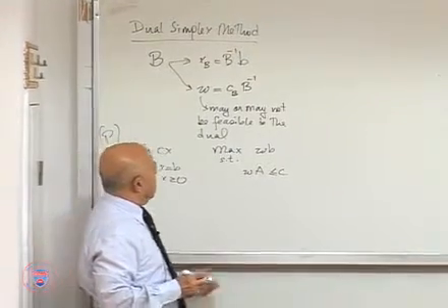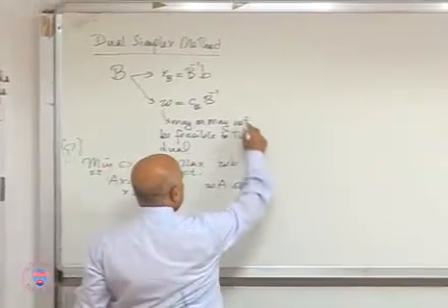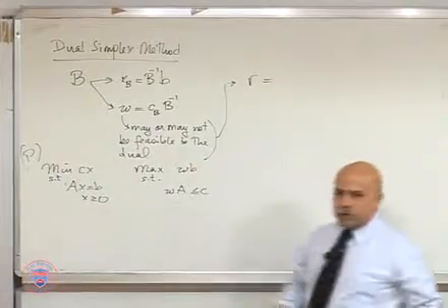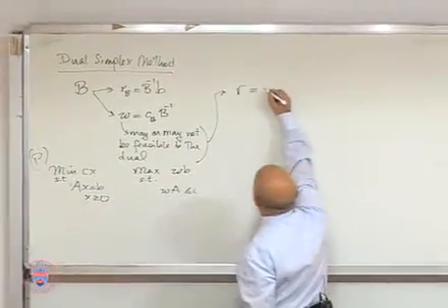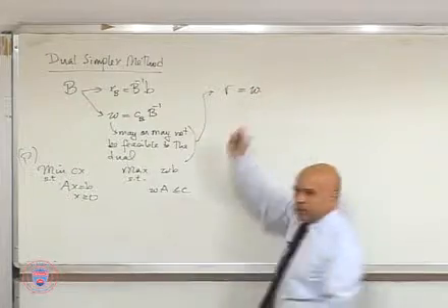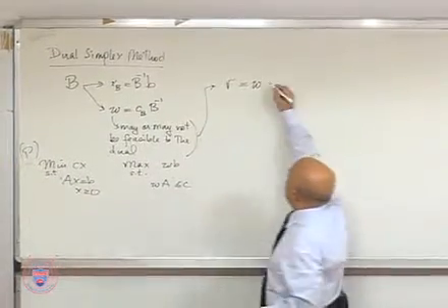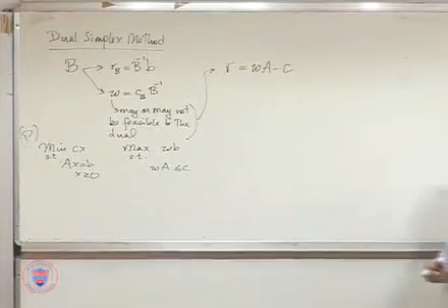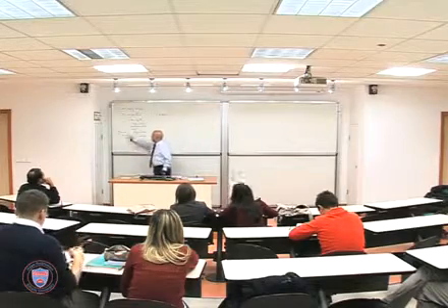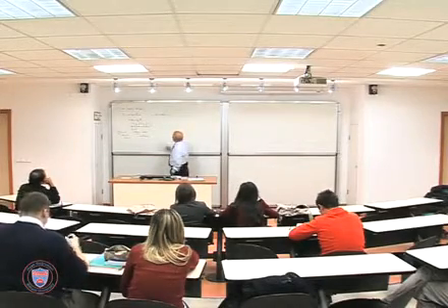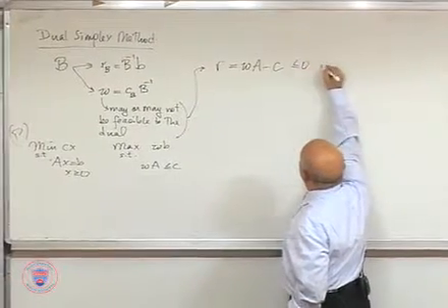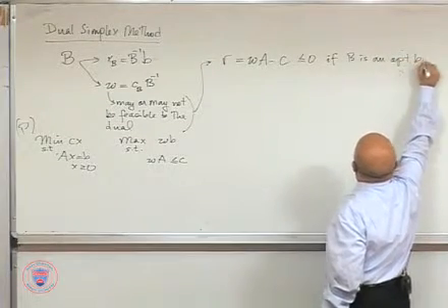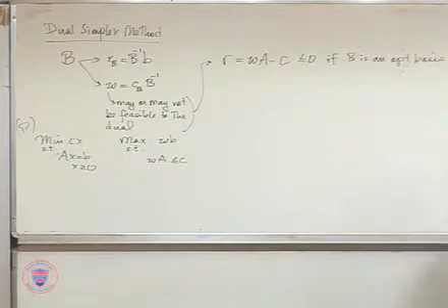But what we mean by dual feasibility is the following fact. If you look at the vector of reduced costs, R, that's defined by CB B inverse N minus CN, and if you put W for CB B inverse, that will be WA minus C. That's how you define it. Now, for a minimization problem, this will be less than or equal to 0 if B is an optimal basis for a minimization type standard form problem.